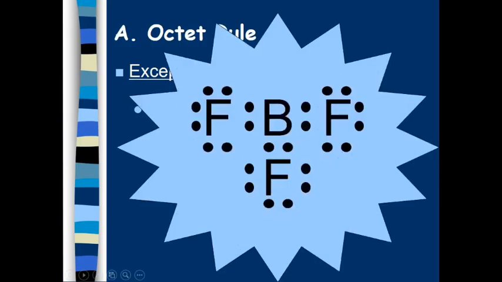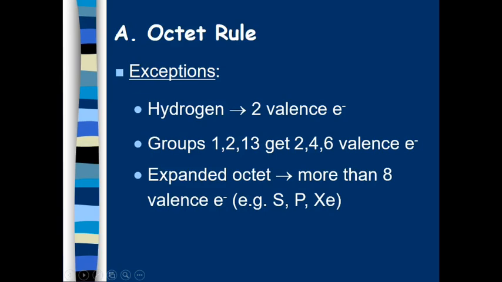And the next exception is called an expanded octet. So expand means more, so more than 8. The 3 examples of elements that can expand are sulfur, phosphorus, and xenon. Now, you'll see sulfur and phosphorus in several examples as we go throughout the next couple of chapters where they can expand.